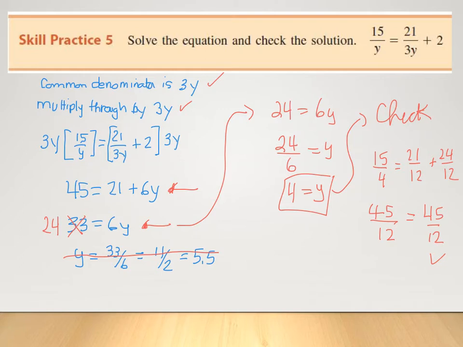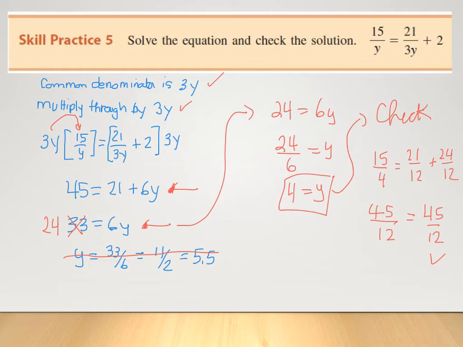So we multiply 3y and to the 15 over y, which equals parentheses 21 over 3y plus 2, parentheses close, times 3y. We get the argument of 45 on the left-hand side is equal to 21 plus 6y.